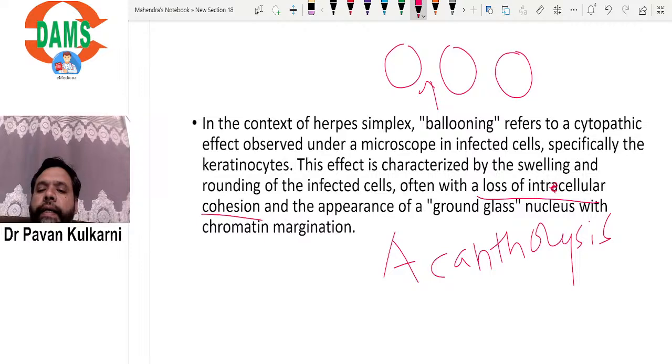I'm sorry, it's inter, it's not intra. So there is a cytopathic effect or ballooning degeneration with the presence of Lipschutz bodies, and there is acantholysis.